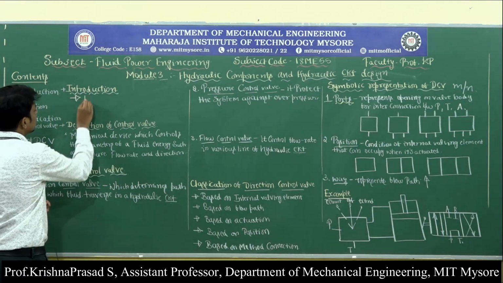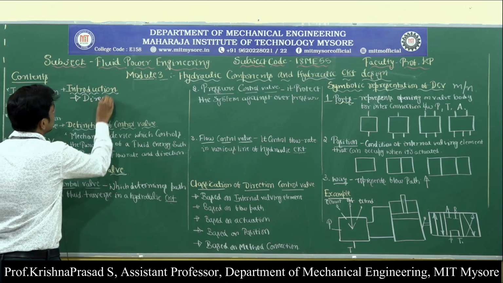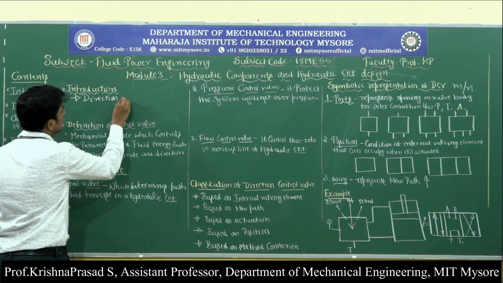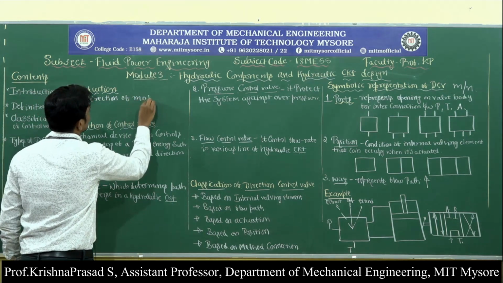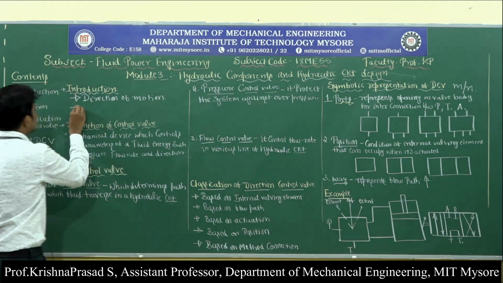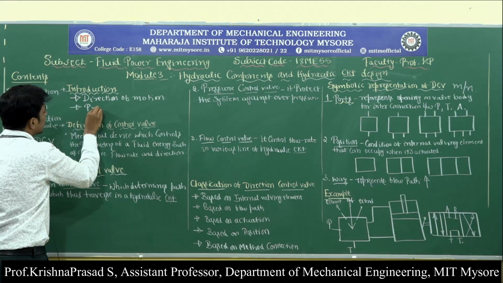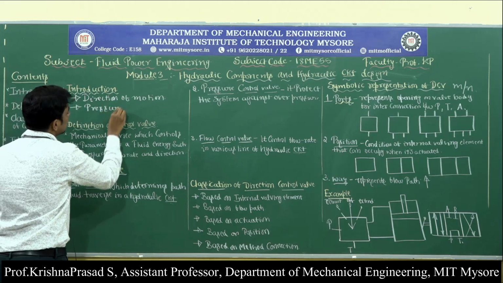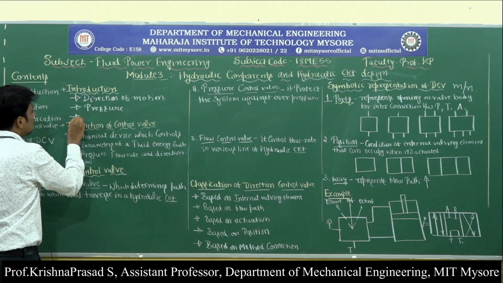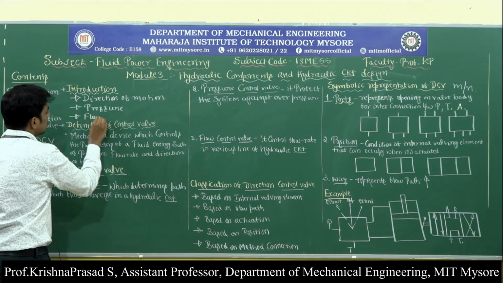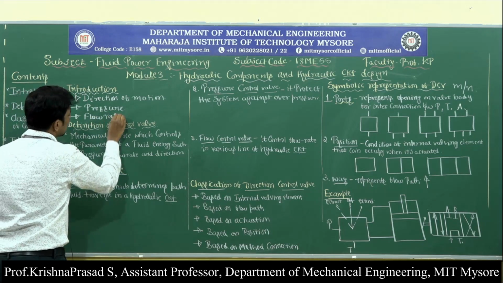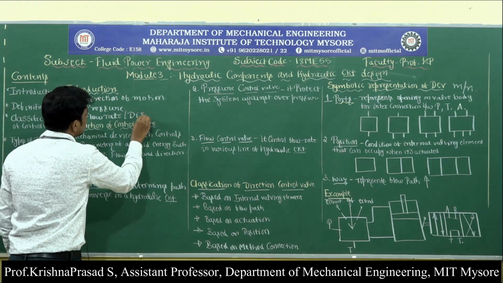The first one is the direction of motion of the oil. The second one is pressure, and the third one is flow rate or discharge.